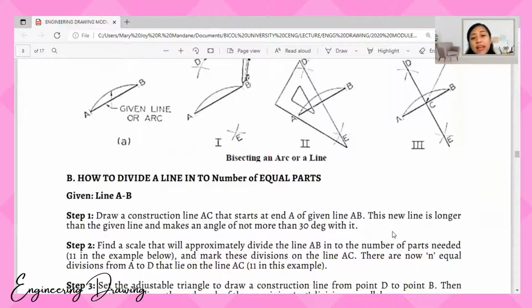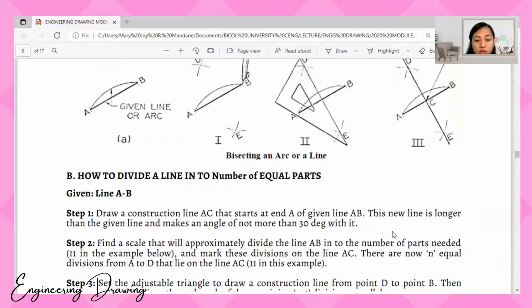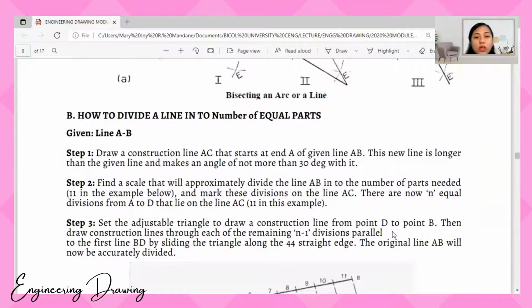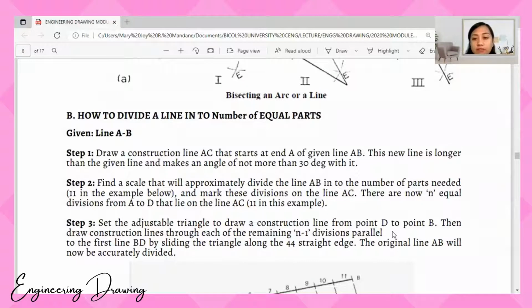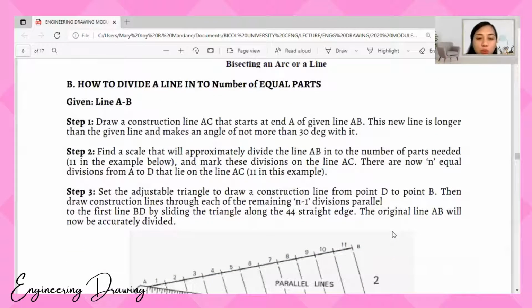So, how to divide a line into a number of equal parts. Given line AB, draw the construction line AC that starts at point A of the given line AB. This new line is longer than the given line and makes an angle of not more than 30 degrees with it. Step 2, find a scale that will approximately divide the line into the number of parts stated, 11 in the example below, and mark these divisions on the line AC.